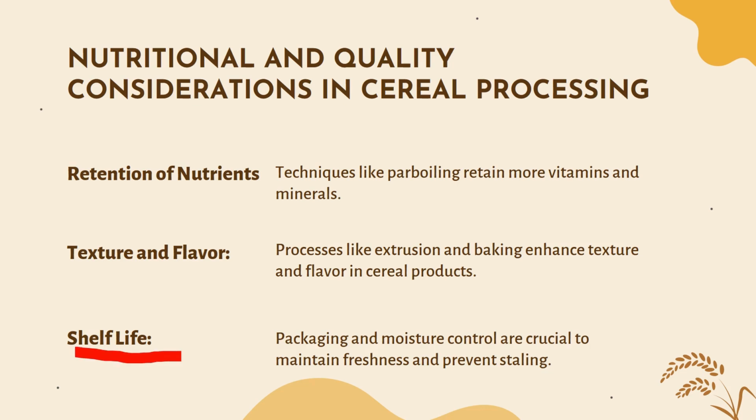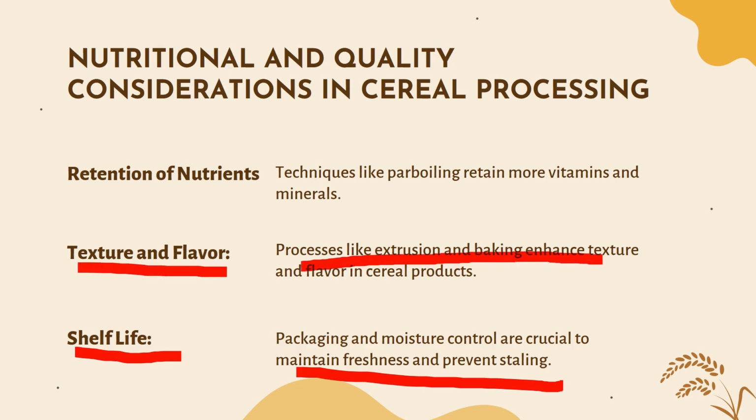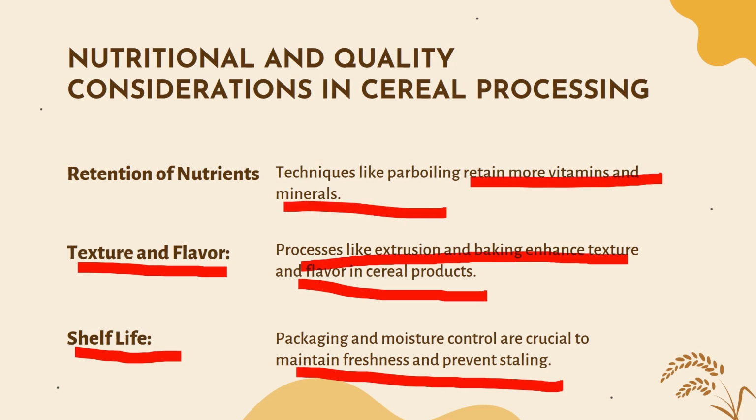Packaging and moisture control are crucial to maintain freshness and prevent staling. Processes like extrusion and baking enhance texture and flavor in cereal products. We have learnt about parboiling of paddy, where we can retain more vitamins and minerals. So this is all about the nutritional and quality considerations in cereal processing.